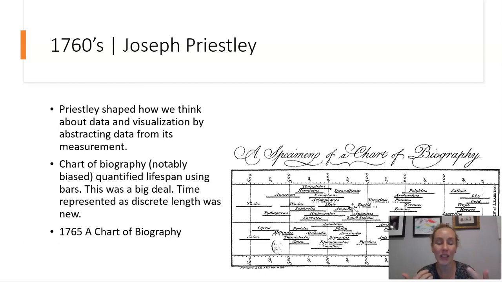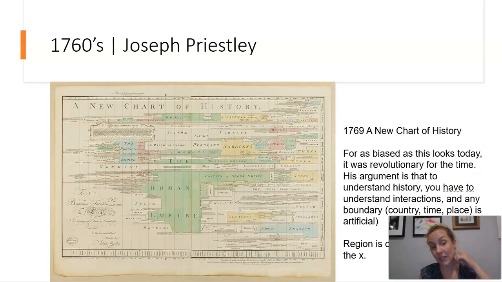Not only did he represent time as length, but he also visually encodes uncertainty, okay? So this is 1765. A couple years later, 1769, he makes a new chart of history, right? We might come to this today and be like, it is so biased, right? It's this Western European, very Eurocentric. And it looks biased today, but it was crazy revolutionary at the time.